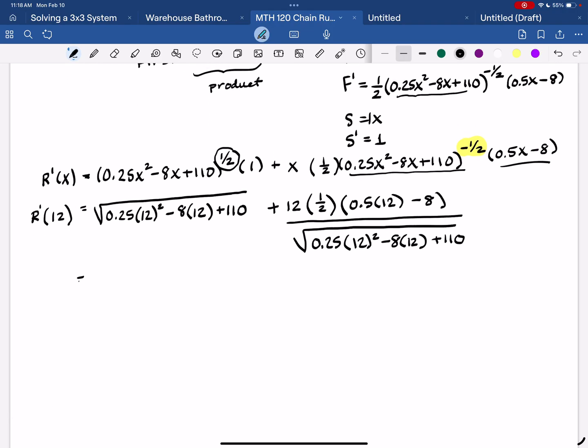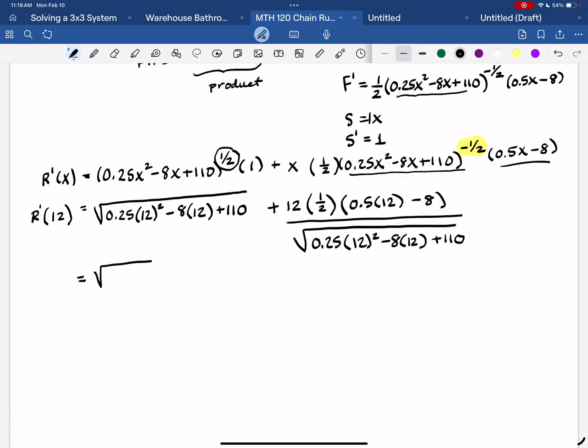So I'm going to do what's inside my parentheses first. And look, you've got 12 squared, which is 144. So 144 times 0.25, that's going to be 36.